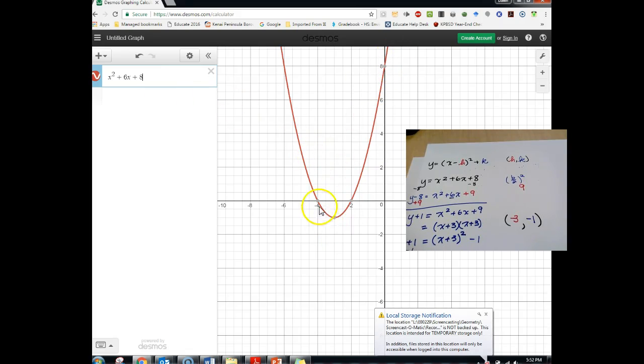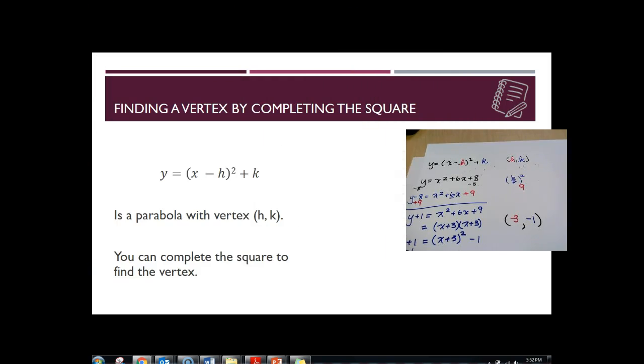Desmos is nice enough to highlight both my zeros and also give me the coordinates of my vertex. So -3, -1 is the correct place for it. Again, this is the Desmos calculator site, D-E-S-M-O-S, and it does a great job in giving you another way of double checking your equations.